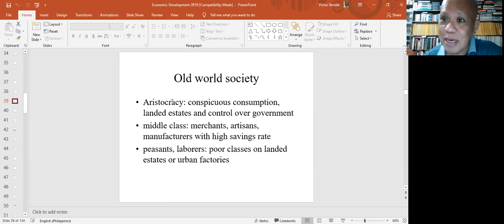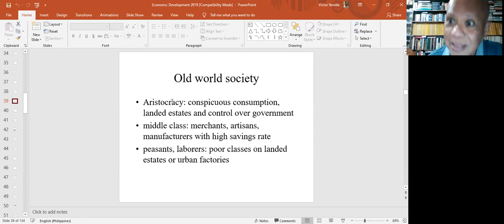And since they've begun to gradually lose control over government, they no longer needed to show off their wealth and power to attract more peasants onto their estates, or for that matter, to attract alliances. Okay, so that's why they have begun to scale down on their consumption efforts and convert their estates into profit-oriented enterprises.